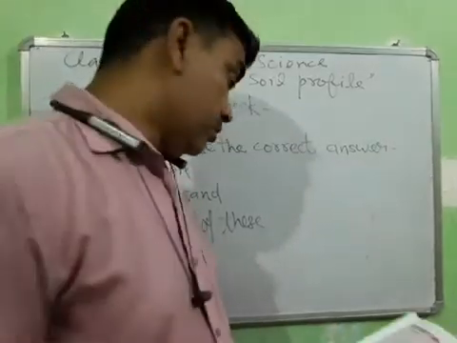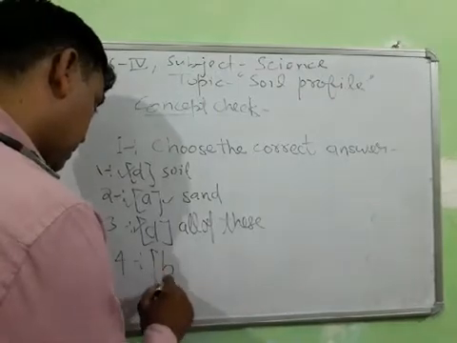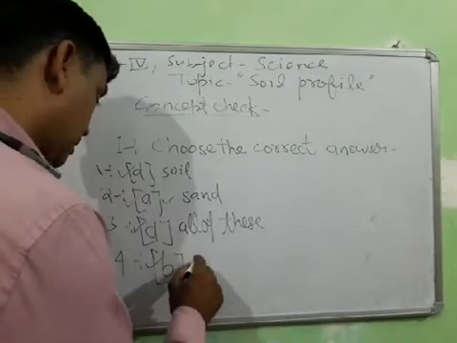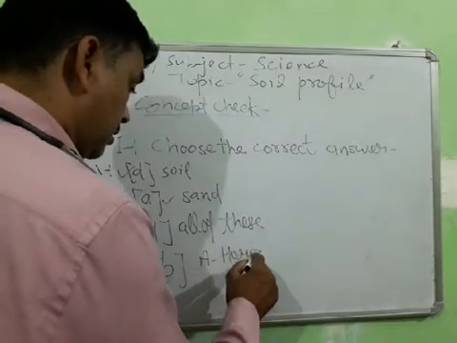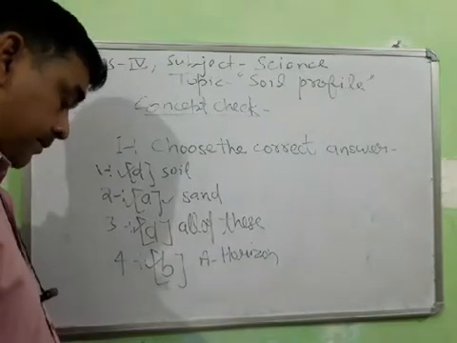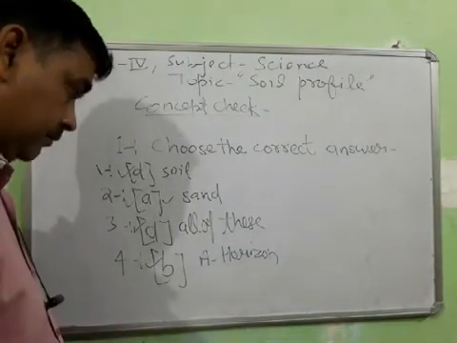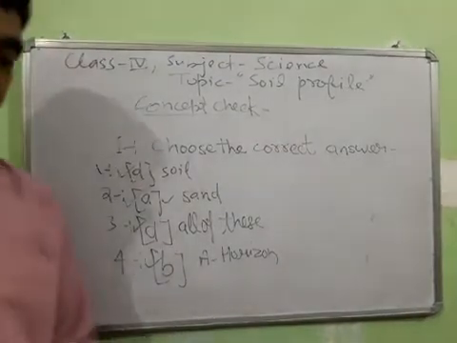So the A horizon means the correct option is B. Tick on the B. Complete it in your book.